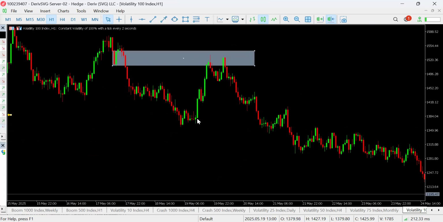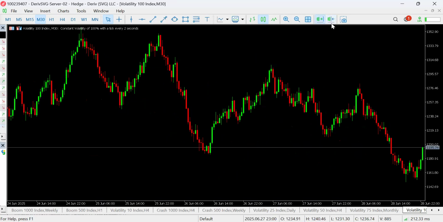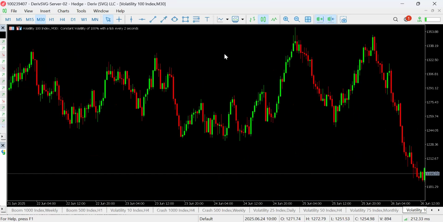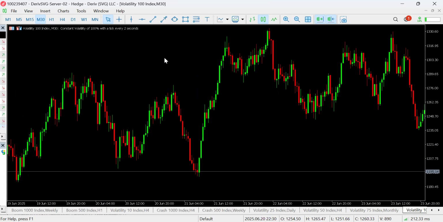Now I can see that the price has nicely gotten into this neckline area that I've mapped out. Then the next thing will be to go to the M30. And let's look for the zone that we've mapped out.